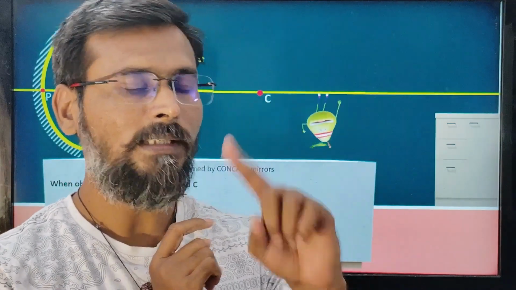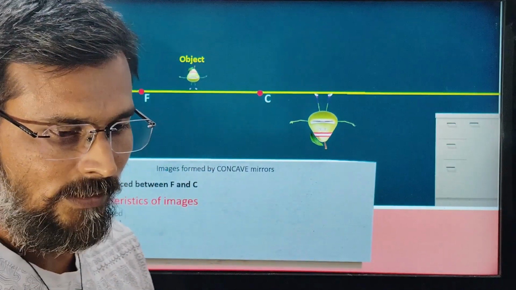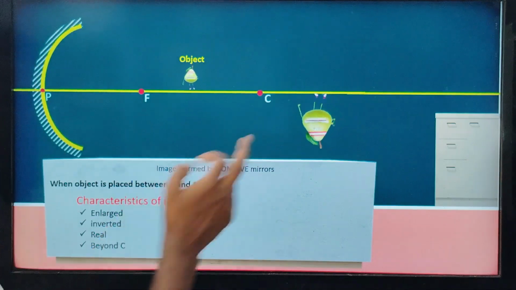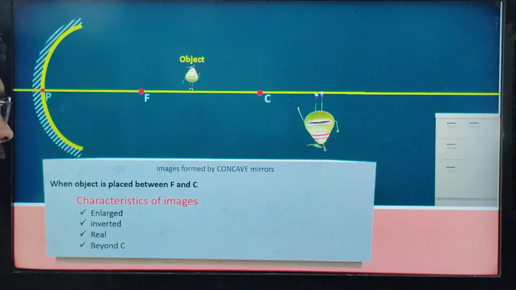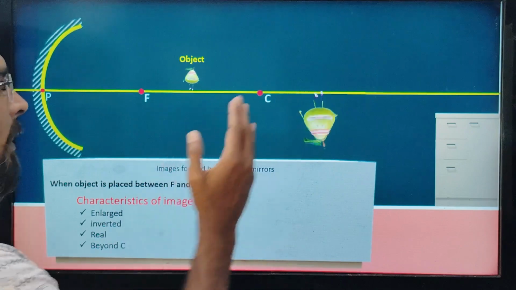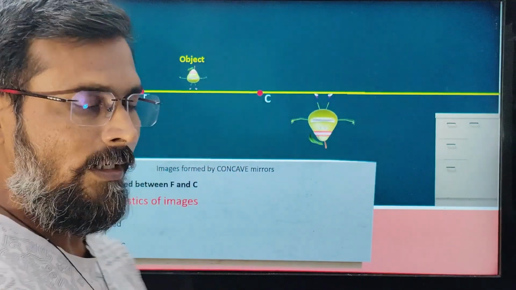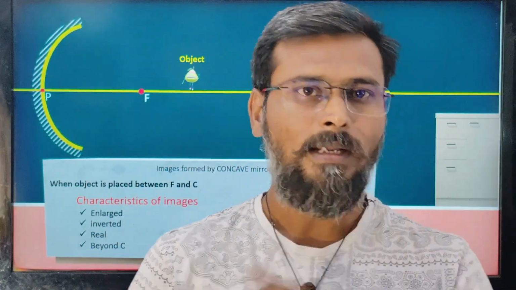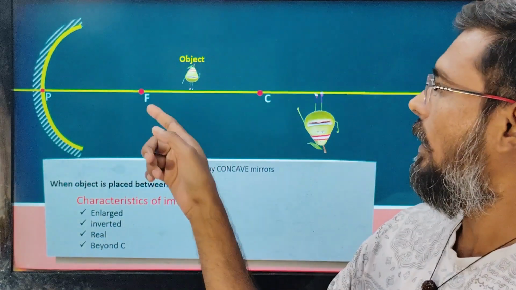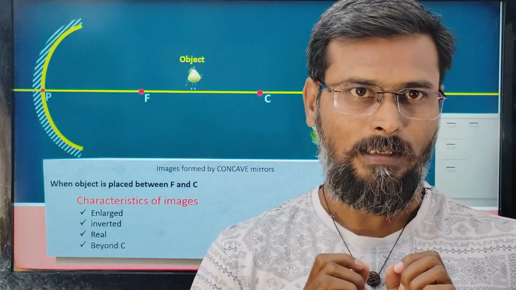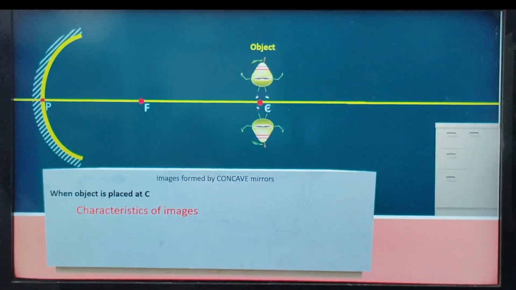It means it is enlarged. And just look here: enlarged, inverted, real, and the image is beyond C when the object is in between F and C. So these are the characteristics when the object is in between F and C.